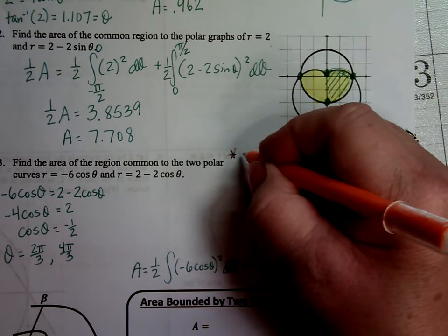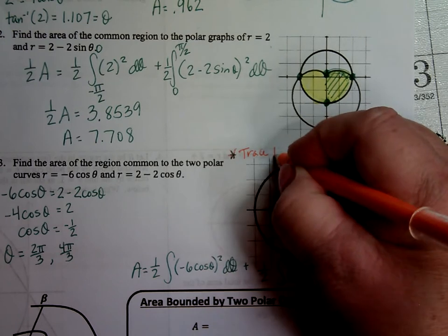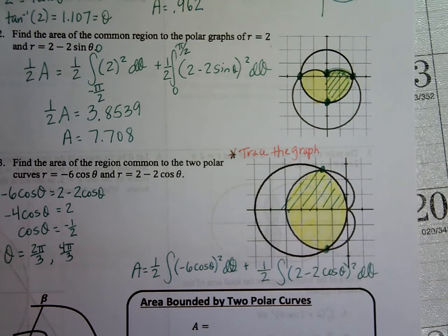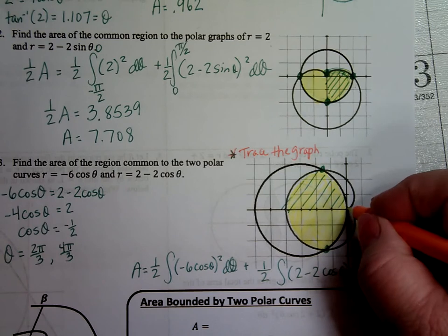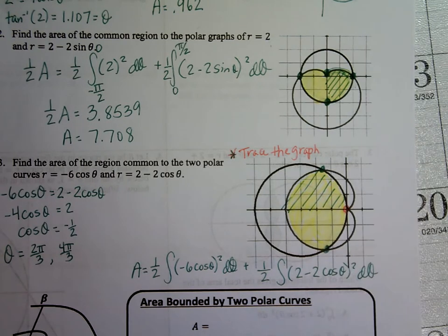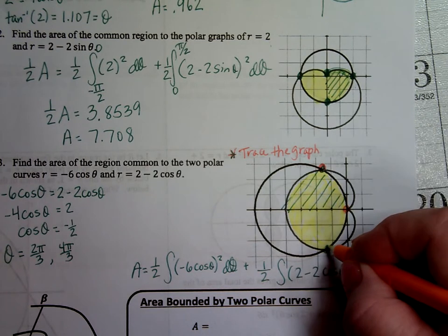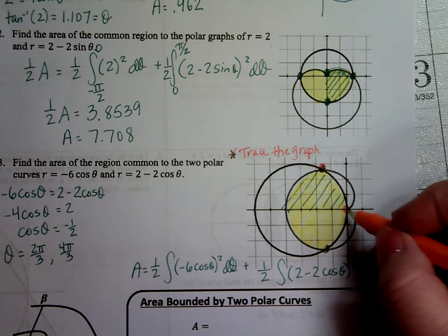You want to trace the graph. So you're going to put these in your graphing calculator, and you want to know where these things intersect. What's this value? We're only doing the top part of this, right?